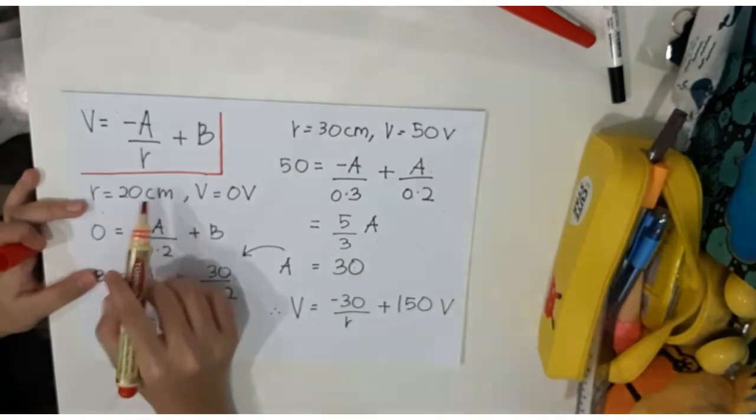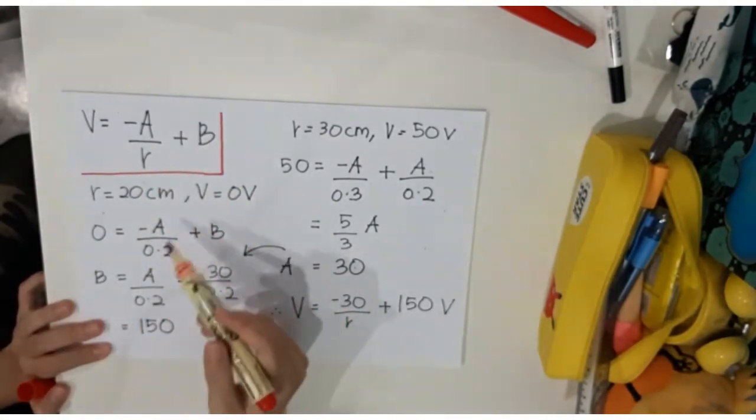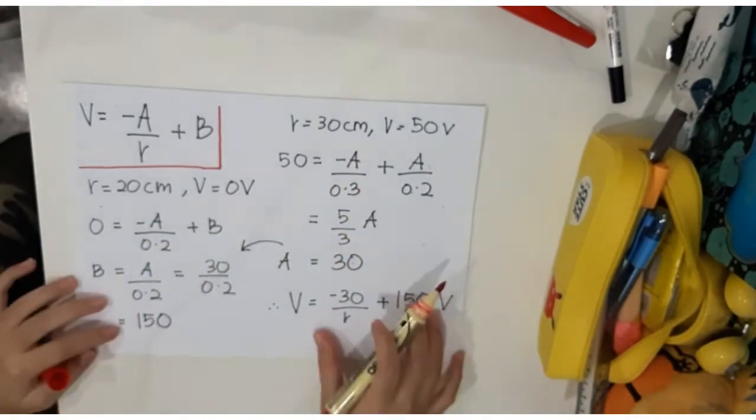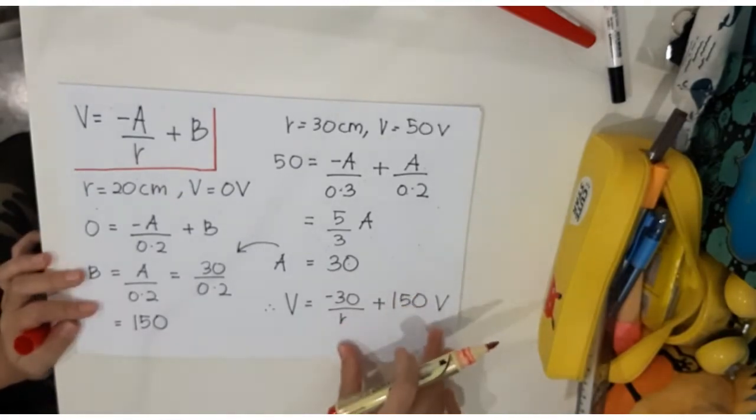We know just now our V is V equal to A over R plus B. In order to find A and B, we use the two R values they give us, which are 20 cm and 30 cm. It is a simple derivative and substitution method.